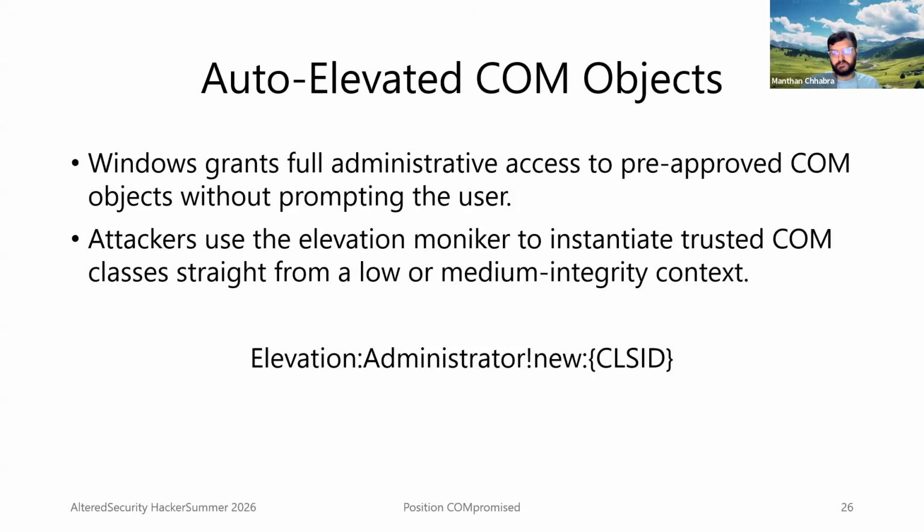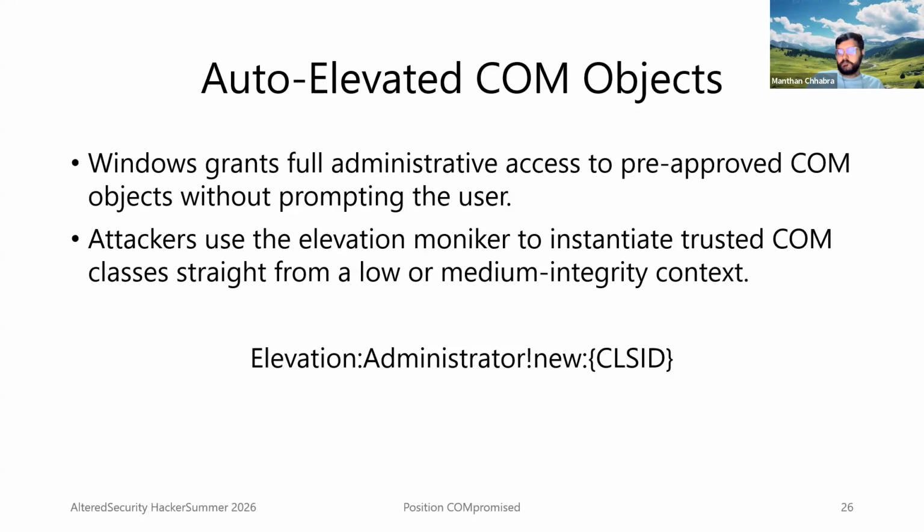To ask the user for permission, right? So even if you run from medium integrity, you get the high integrity access to that COM object, right? And now if that COM object supports a method which will allow us to run commands, for example, the ShellExecute, just like we saw earlier, right? That will allow us to open a high integrity command prompt session, for example, right? And therefore bypassing UAC, right?